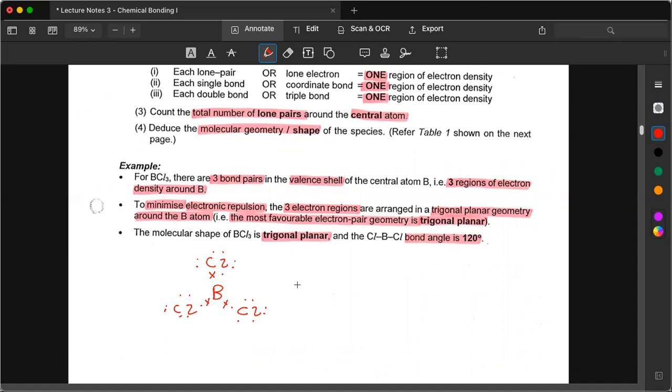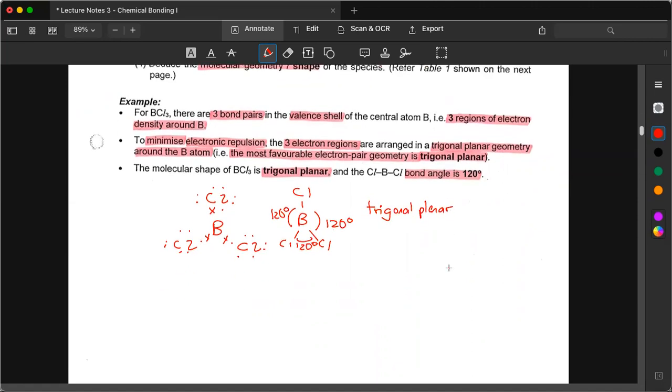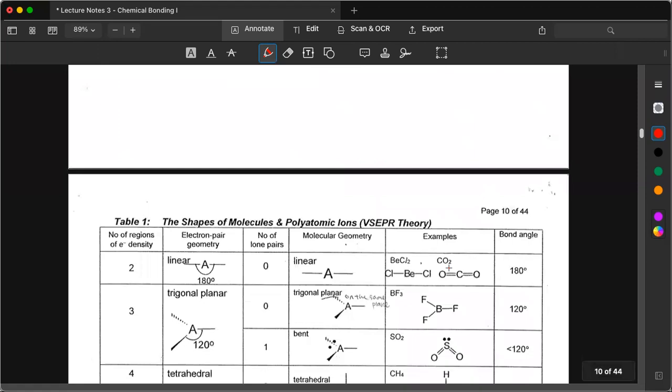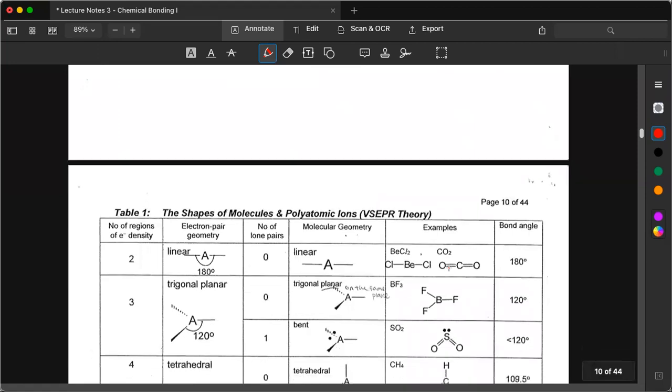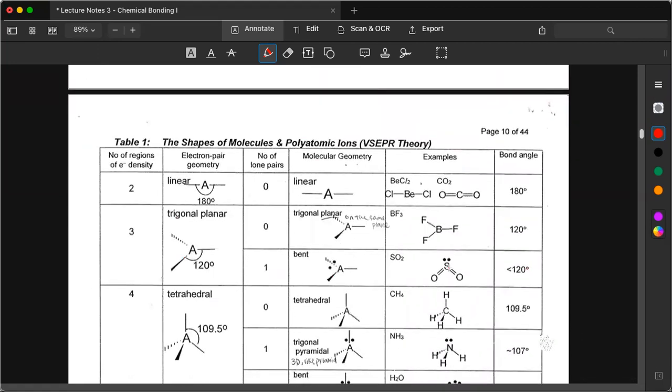What I'm saying here is that the angles between them are 120, 120, 120. So this is trigonal planar.